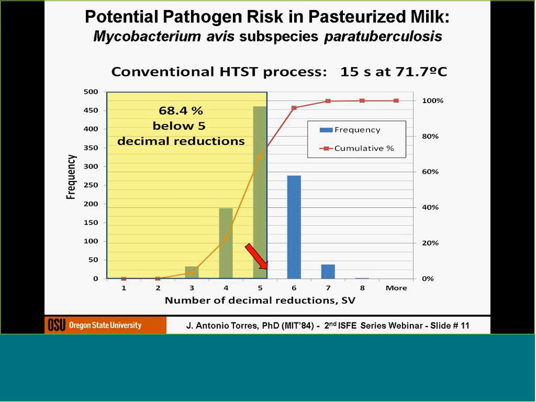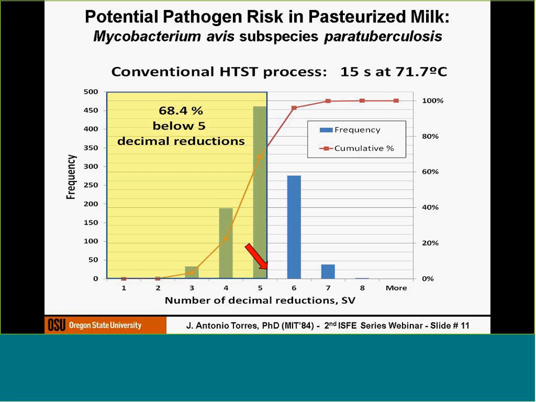Here are all the cases of results from our calculation, meaning less than 1, less than 2, less than 3, less than 4 decimal reductions achieved. If we add all this together, they represent all the cases that are below our goal of 5 decimal reductions.